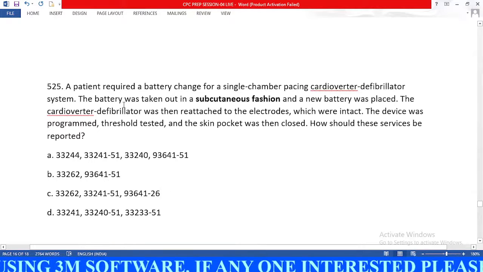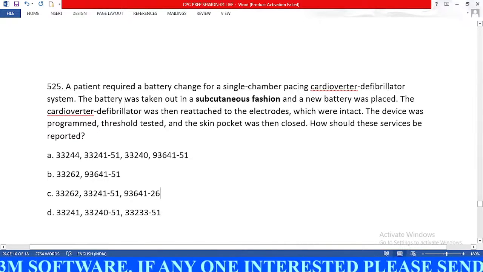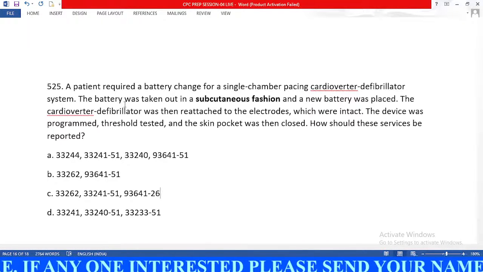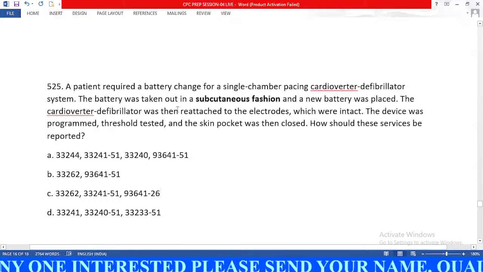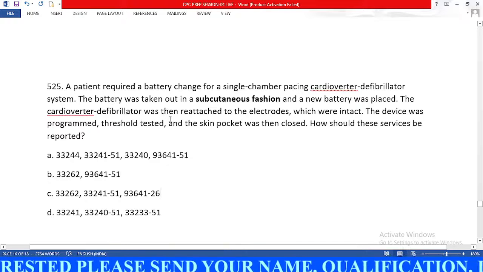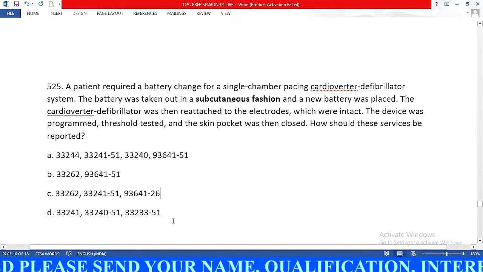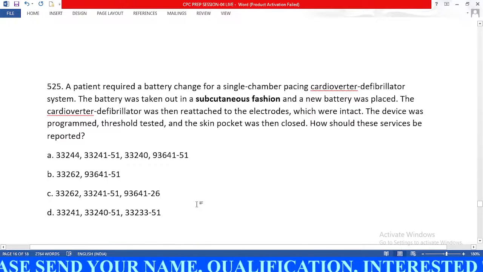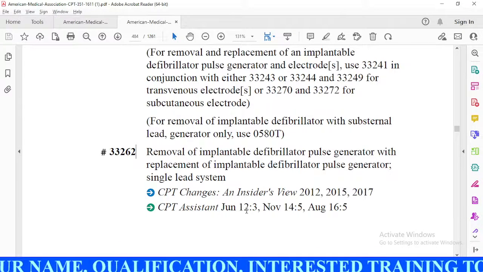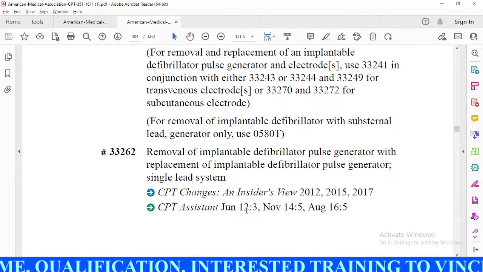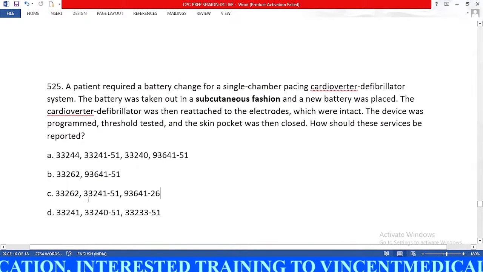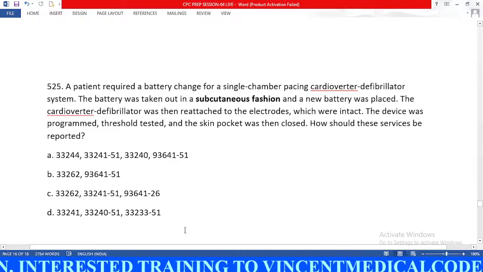Here battery means pulse generator. So these both are synonymous. If you see battery, you need to understand that it is a pulse generator. So based on our question, the physician has changed the battery of the cardioverter defibrillator. But 33262 is for a pacemaker system. So directly we can eliminate it. Next, this is a bit correct. We will check 33241.